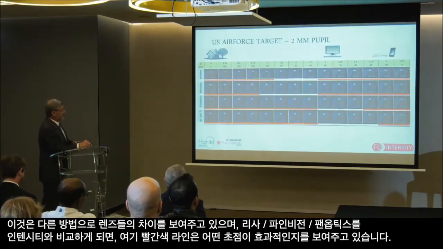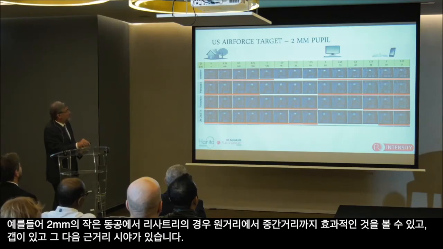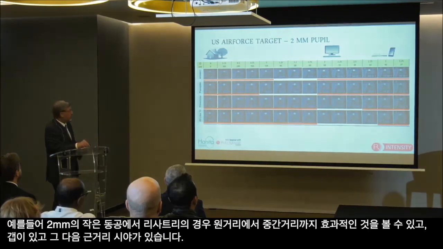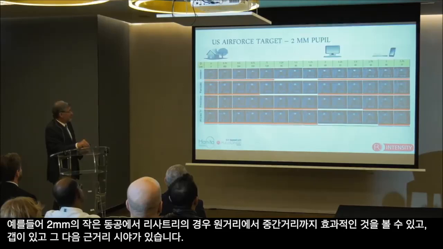This is another way to show the difference between the different lenses: again, the Asia, the FineVision, and PanOptix as compared to the Intensity. These red lines here show where the foci are good and effective. For example, with the Asia, this is a 2 millimeter pupil, a very small one. With the Asia, it's effective from distance to intermediate.